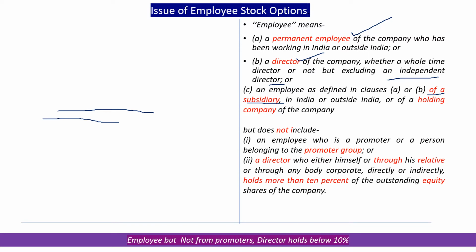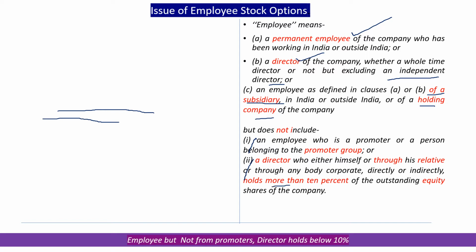Whatever we used in sweat equity, it could be used here also. He could be an employee of a holding company also. But he should not be related to the promoter group. Even director, he should not be related to the promoters group.